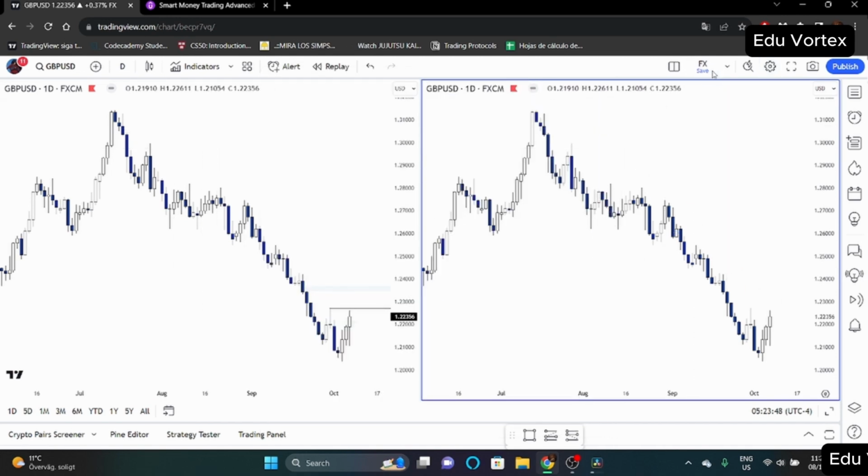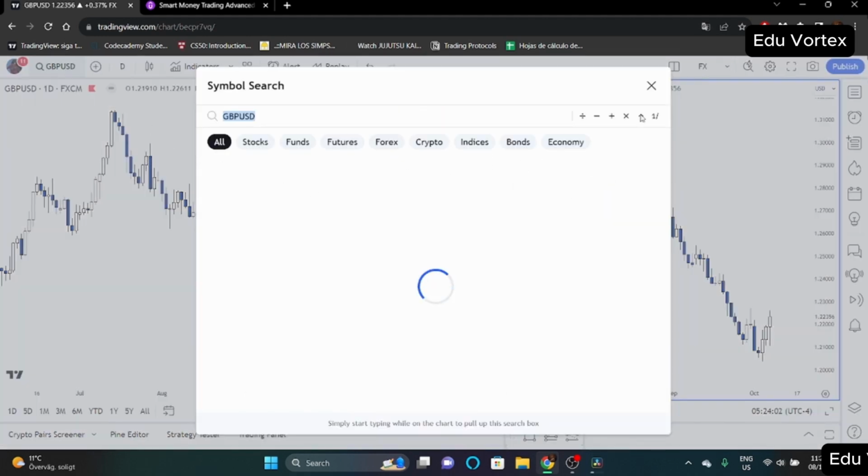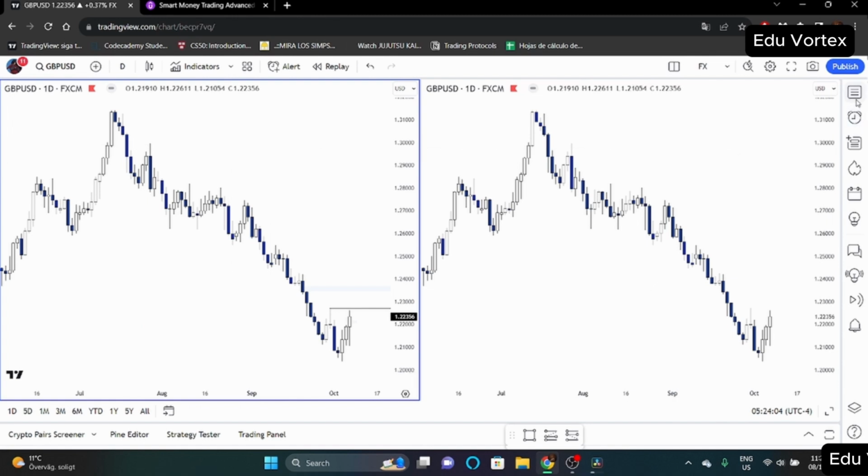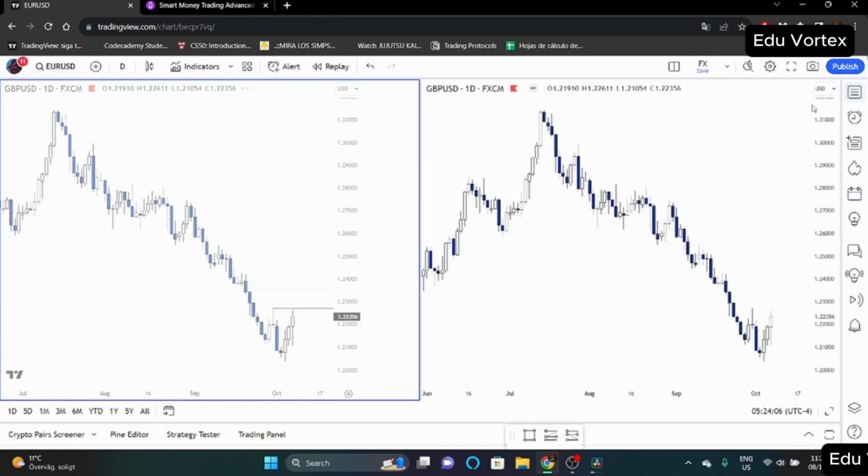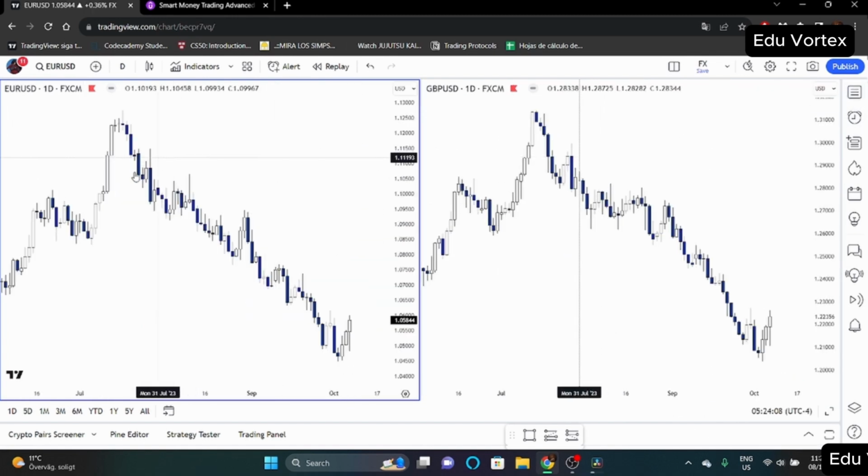There we go. Okay, we do a run lower. Look at the cursors on both screens. We run lower, then we run higher. Okay, I want to change this to euro. Okay, we run lower, then we run higher.